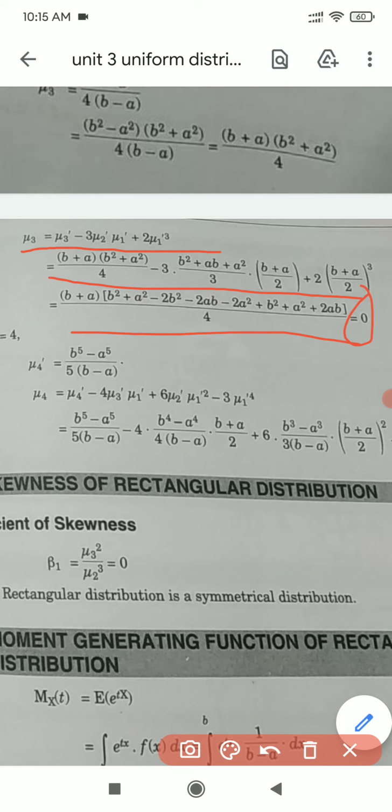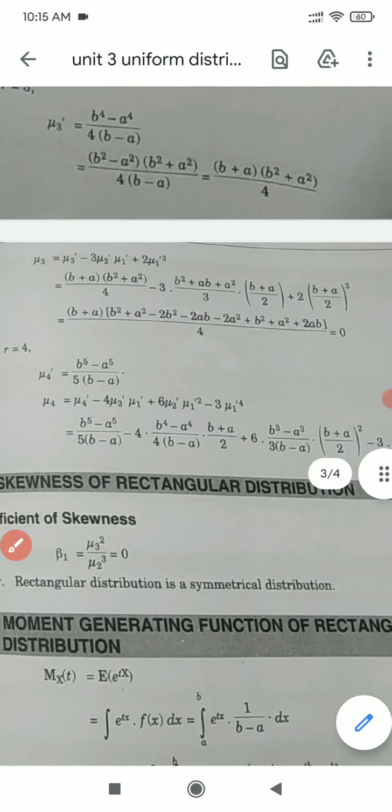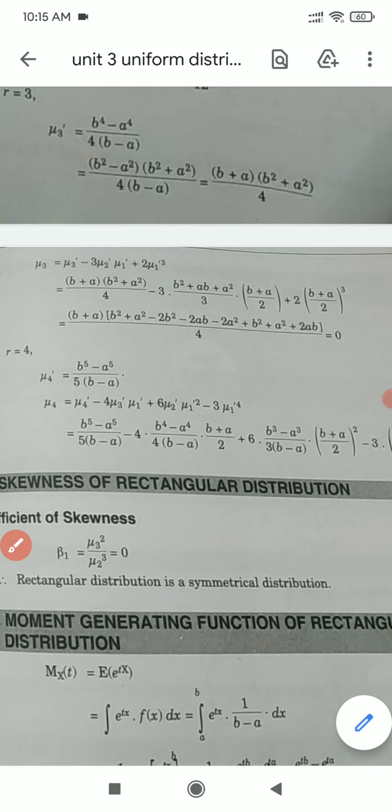Then after that you can put r is equal to 4. What is r is equal to 4? You will get b power 5 minus a power 5, divided by 5 into b minus a.